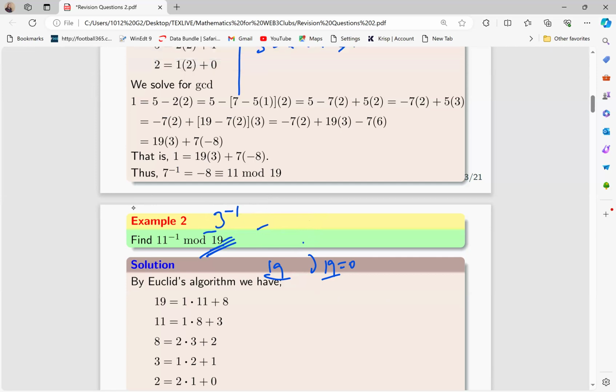Under multiplication, this is how we write the inverse of 3. Under addition, this is the inverse of 3. And under addition, how do we get the inverse of 3? We are saying, what is the element which, when added to 3, gives you 0? Added to 3.